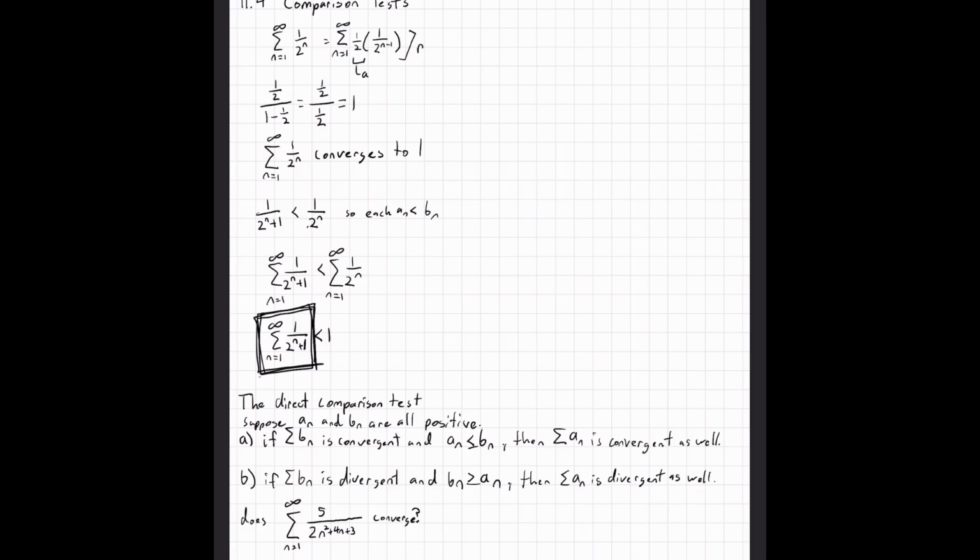Now, so far we've just looked at examples that converge. What about diverging? What about this one? Using k's instead of n's for no real reason. Do we know anything about this?